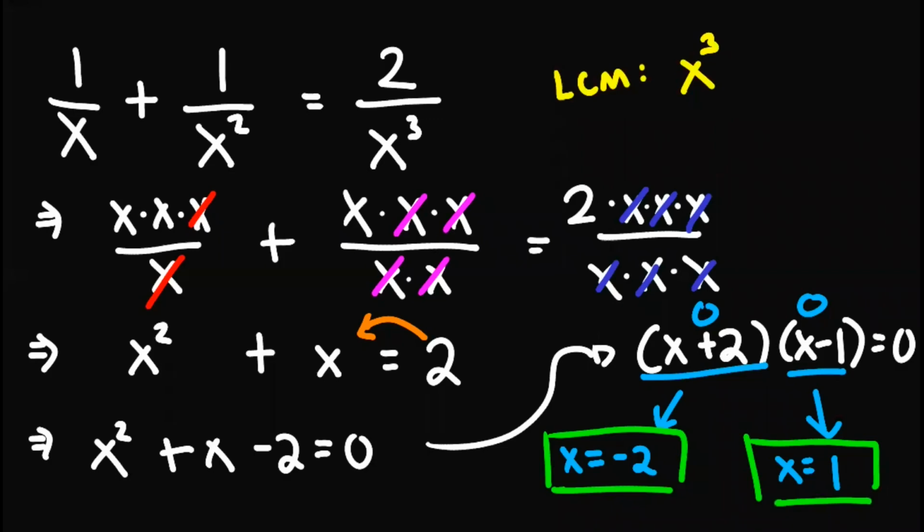And is this the final answer? Not yet, since we have not yet checked the domain of this rational equation. Observing the denominators, we've got x, x squared, and x cubed. When will these denominators be equal to 0? These denominators will be equal to 0 if x is equal to 0.